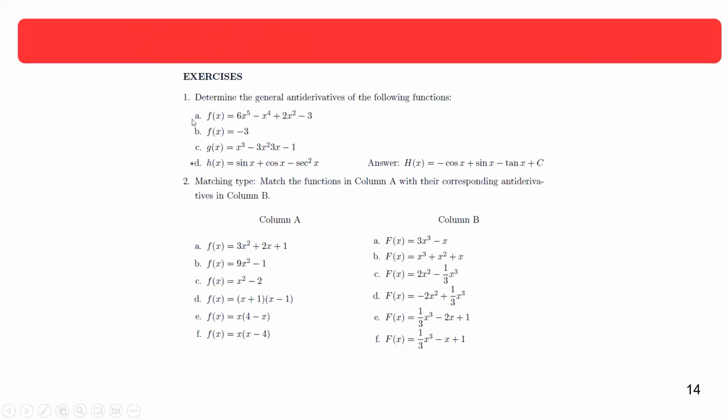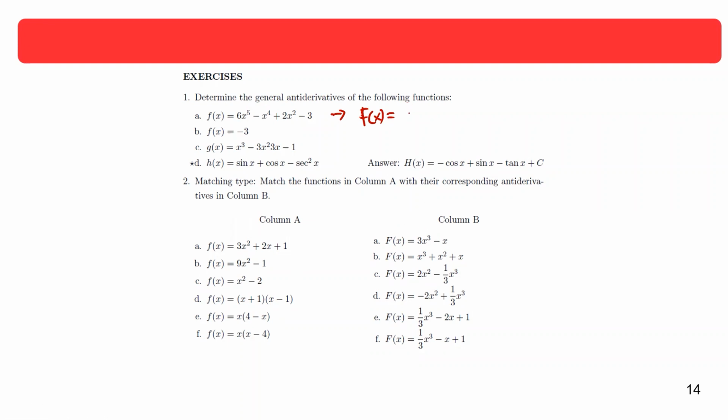Let's go to number 1 first. Can you try giving me the answer for letter A in exercise number 1? What is the capital f of x?